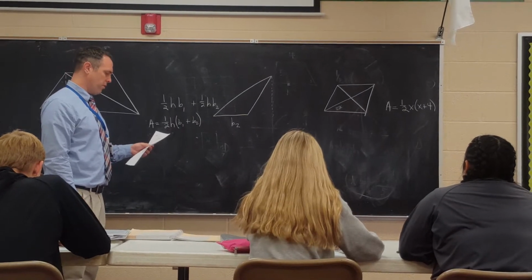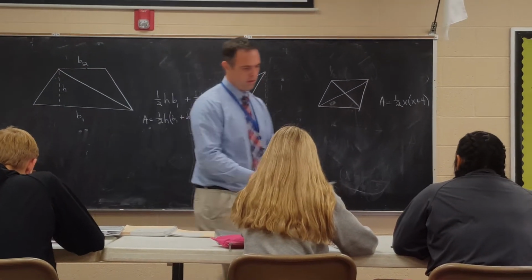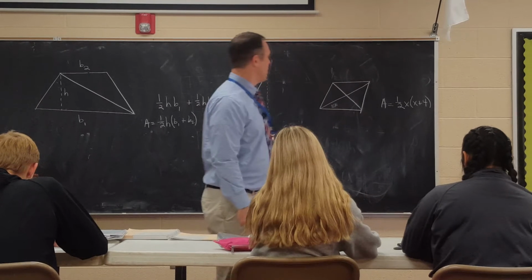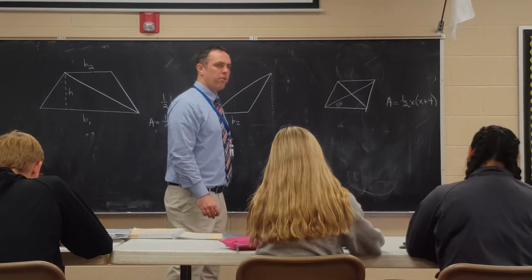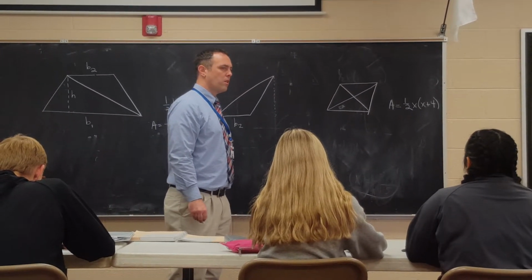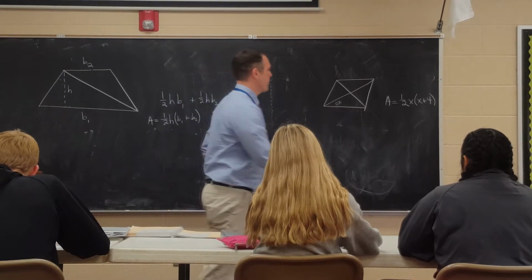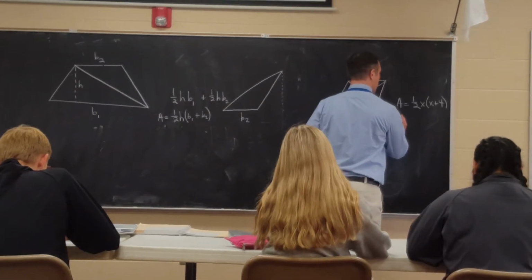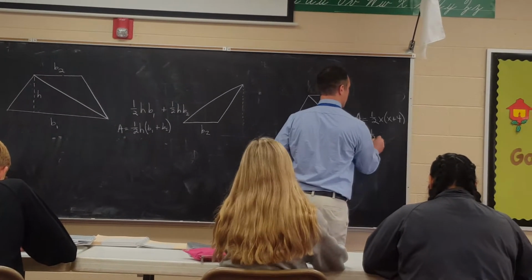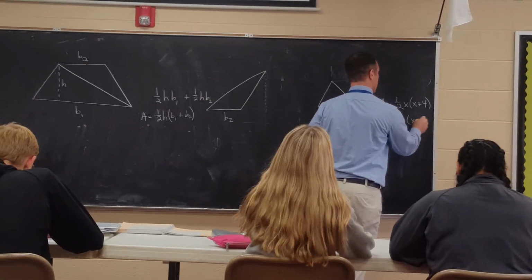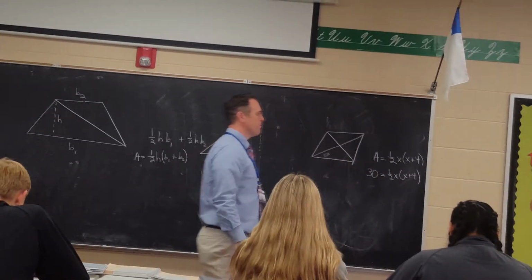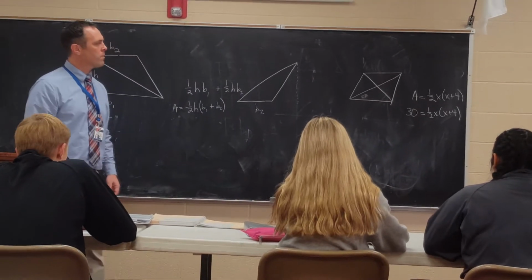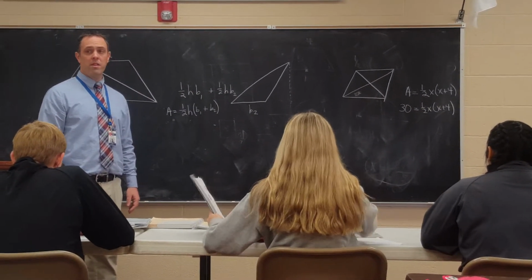Okay, now they gave us the area. What do they say that area is? The area is 30, so where would the 30 go? Okay, now how do we solve this?